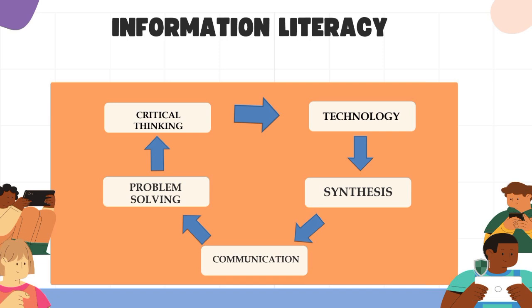You could talk to someone about that information that you are reading. The next is problem solving, on what you are talking about, on the information that you are referring to. The next is critical thinking, in a way that you would critically think if the information is correct, if the information is biased, and that is what we call the process. Then it would go in a cycle.